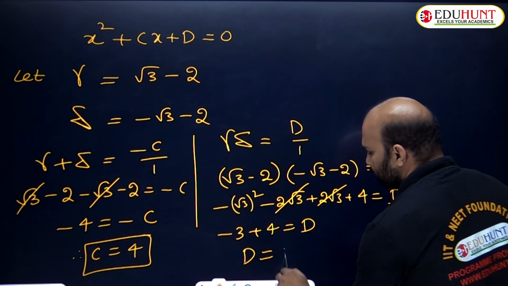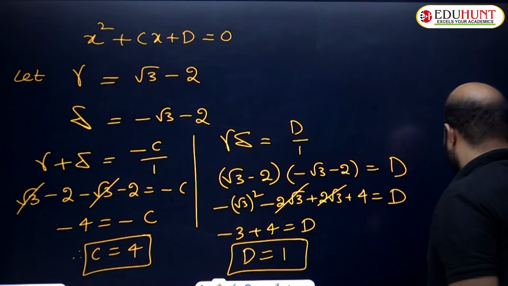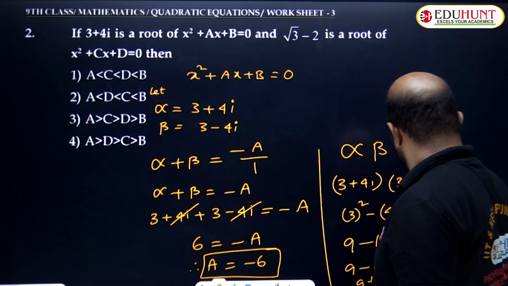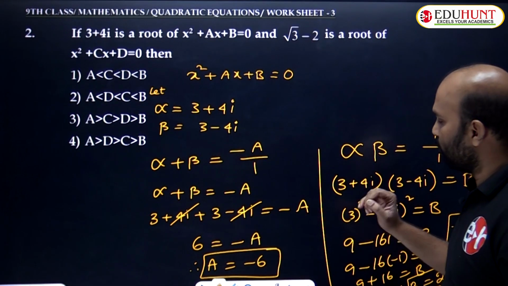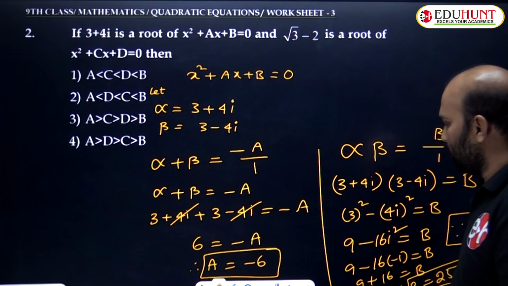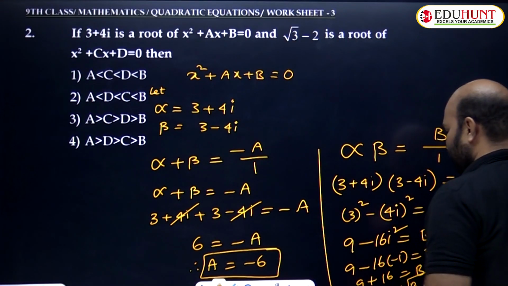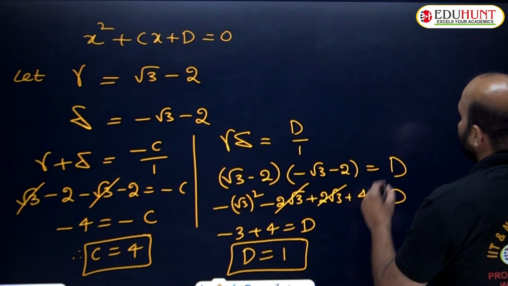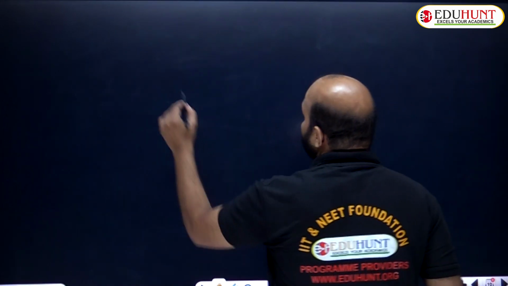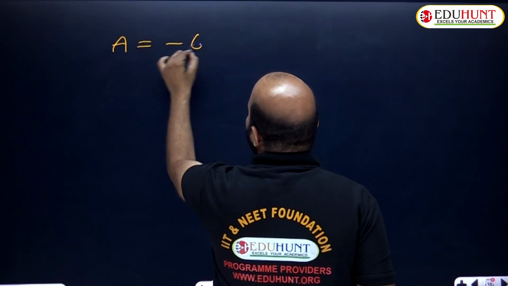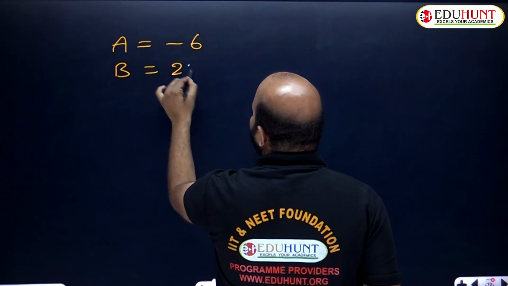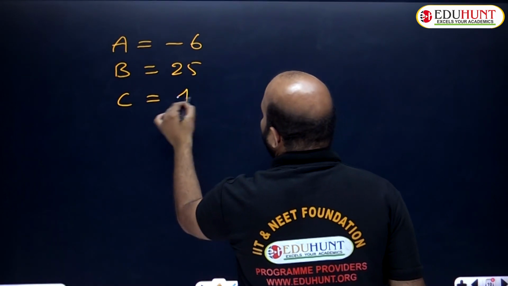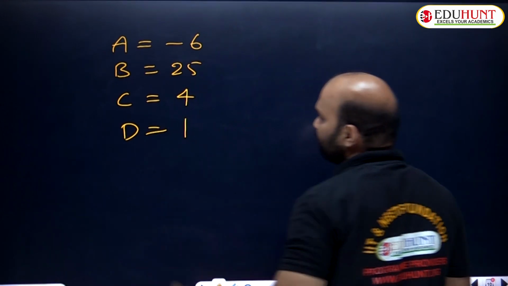D equal to 1. So clearly we need to understand, D value 1, C value 4, B value 25, A value minus 6, the only negative value. What am I getting? A value minus 6, B value 25, C value 4 and D value plus 1.